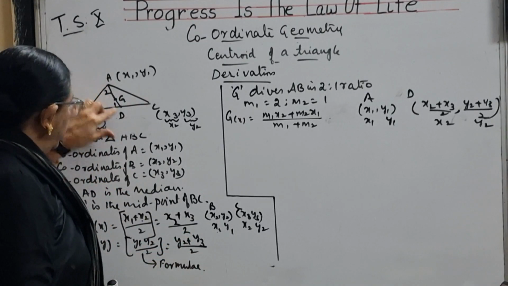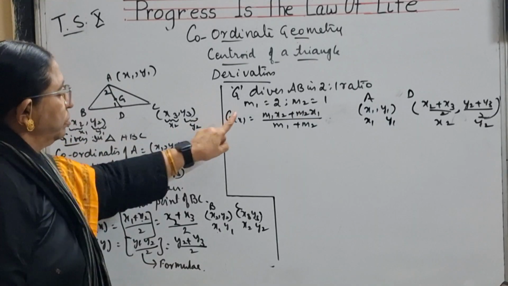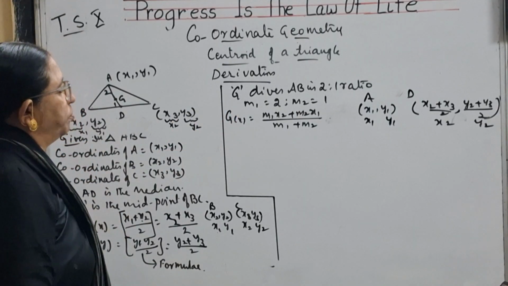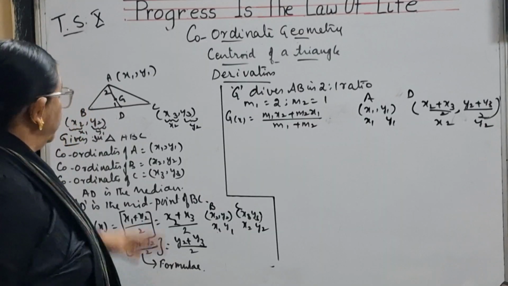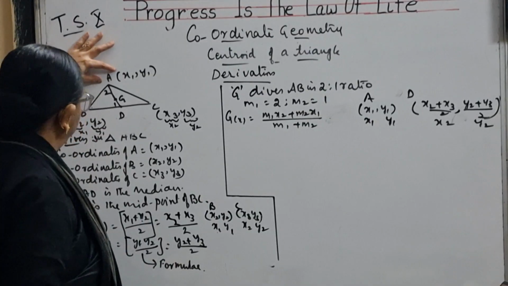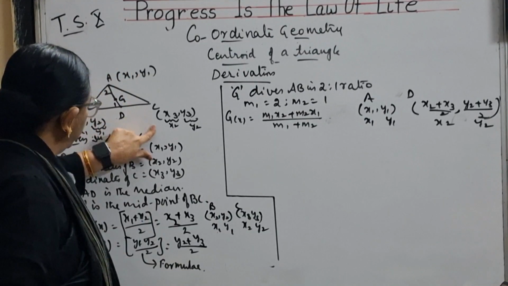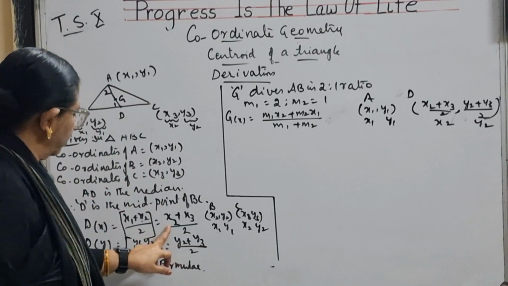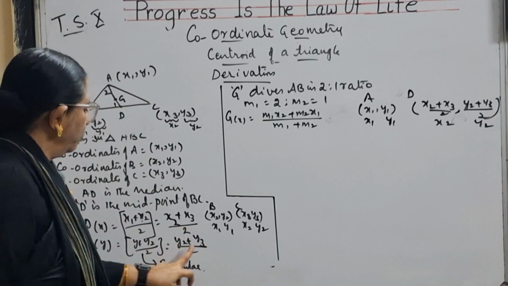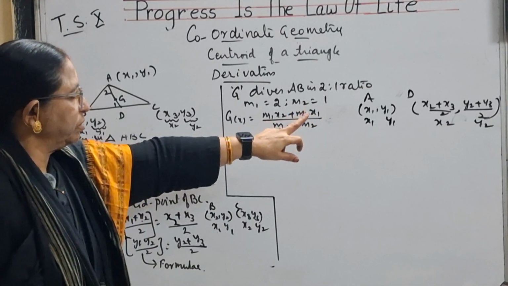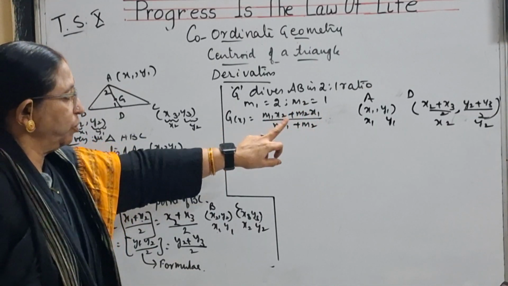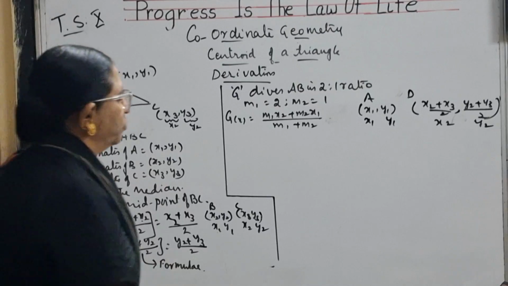G is dividing AD in 2:1 ratio. So the formula is same, m1 x2 plus m2 x1 by m1 plus m2. But in this case, we are talking about coordinate of A and coordinate of D. Coordinate of D I have derived here. I have got x2 plus x3 by 2, y2 plus y3 by 2. That only I have written here. So coordinates of D becomes x2 and y2. Coordinates of A becomes x1 and y1.